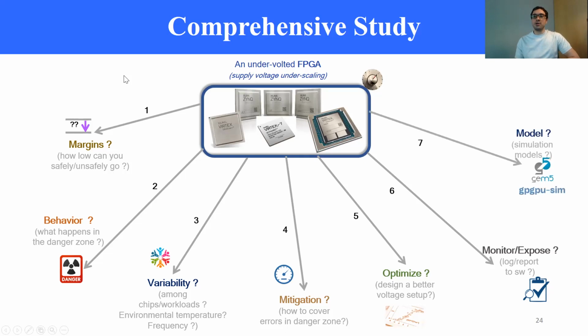And finally, we are trying to emulate the results in simulation tools, for GPUs and for CPUs as well, which would be very useful. For example, CPU caches use the same technology as FPGA block RAM, so maybe the real results that we have observed and obtained in this study can be useful for that kind of study as well.